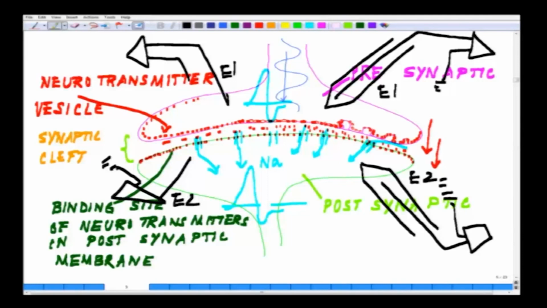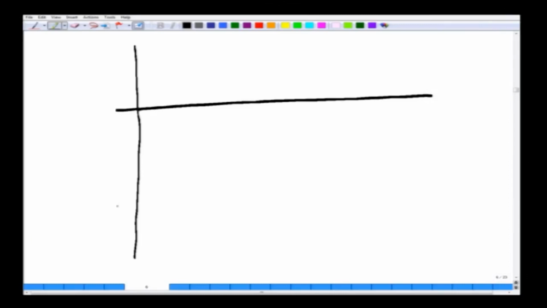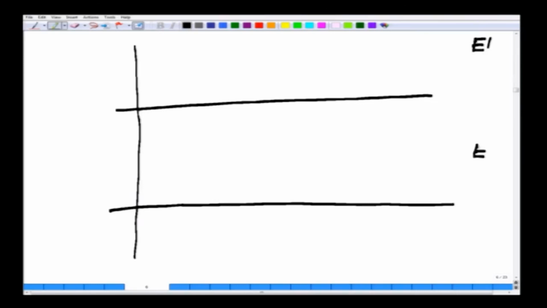You will have one scale showing like this, another scale showing like this. This is the scale for E1 and this is the scale for E2, electrode 1 and electrode 2. Both electrodes are sitting at ease without doing anything.